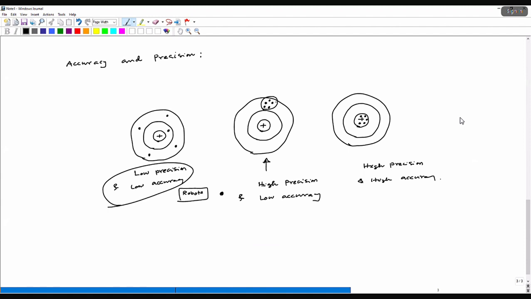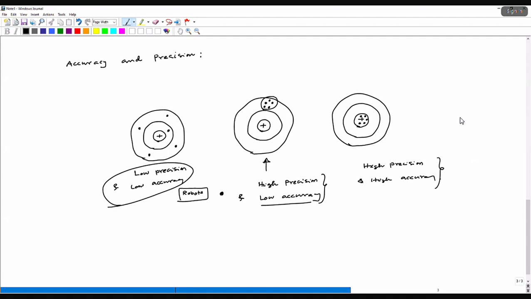But when the data points are very close to each other, but quite different from the true value, then it is highly precise, but the accuracy is low. But when the data points are all close to each other and also close to the target, you say it is high precision and high accuracy. So this should be straightforward to understand, right?